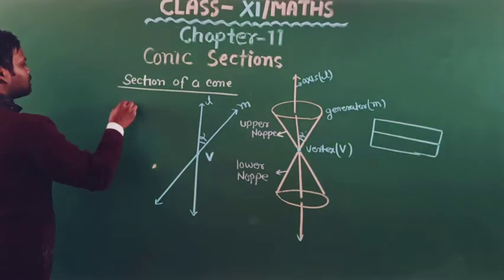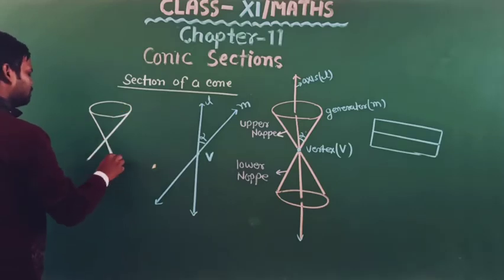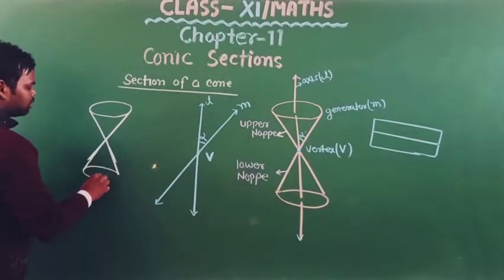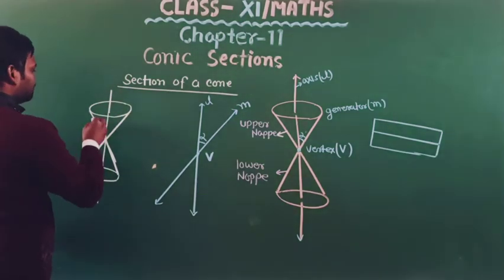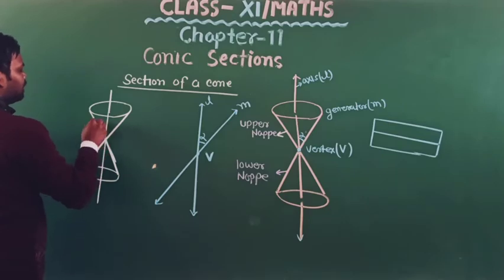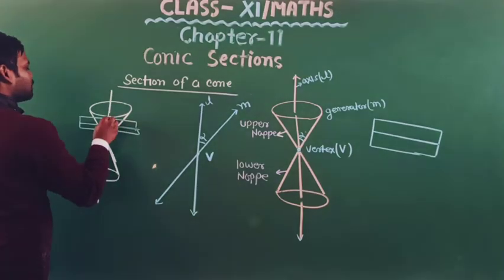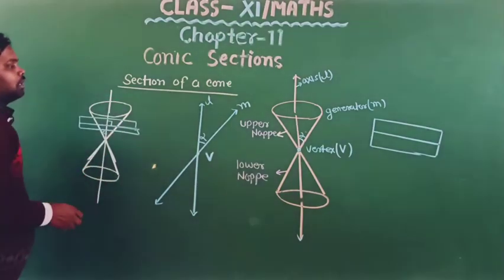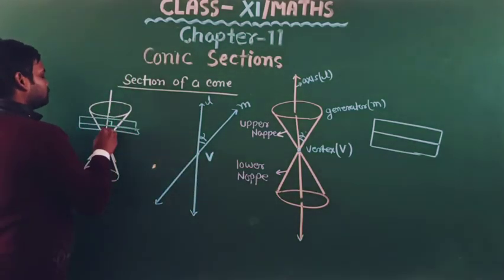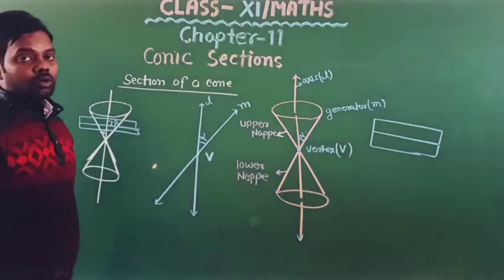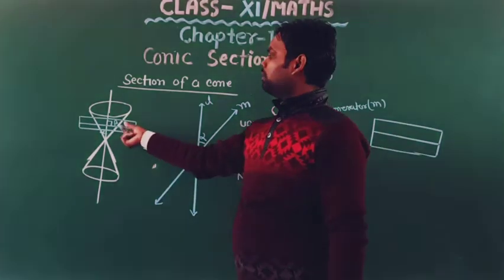Suppose this is a double right cone, and this is angle alpha, and we take another angle beta, which is the angle between the axis and the plane. Different sections are obtained when angle beta is different.